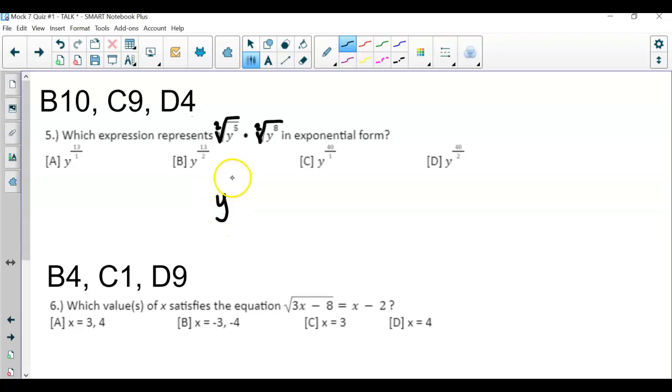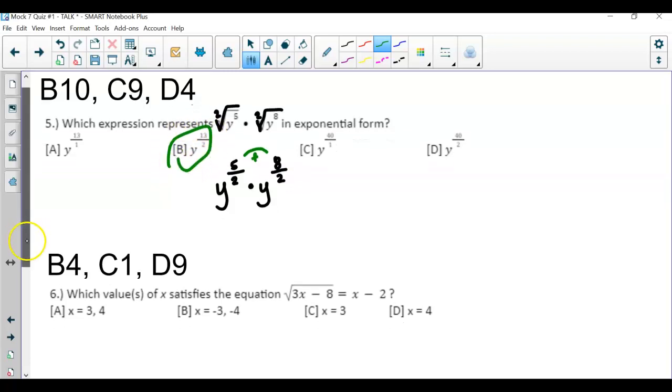So this is y to the 5 over 2, times y to the 8 over 2. And if you recall, when multiplying, we don't multiply the exponents, we add them. So that's why the answer here was B, 13 over 2.